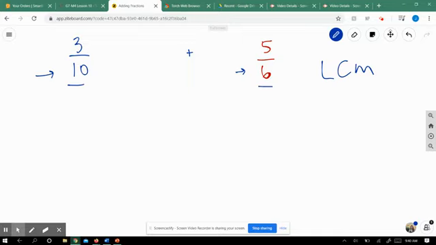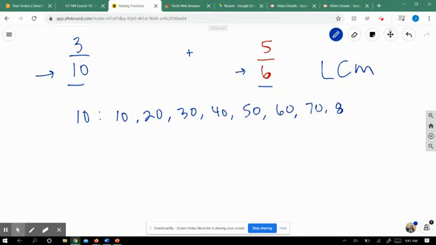So I'm going to start with my first fraction, my 3/10. The denominator is 10. So I'm going to list out the multiples of 10, which is kind of the same as skip counting. So if we skip count by 10, we can go 10, 20, 30, 40, 50, 60, 70, 80, and so on. We can list out as many as we can think of quickly.